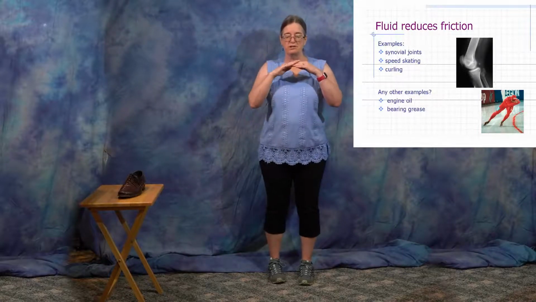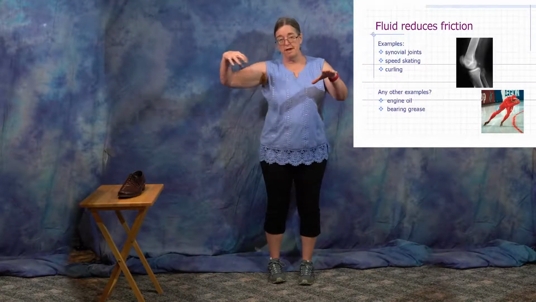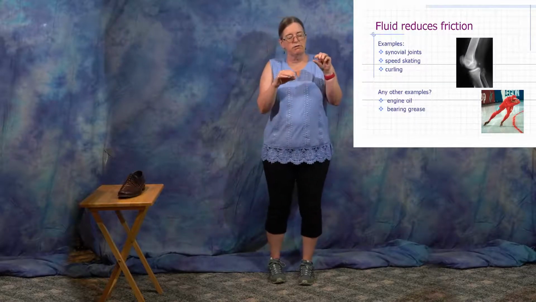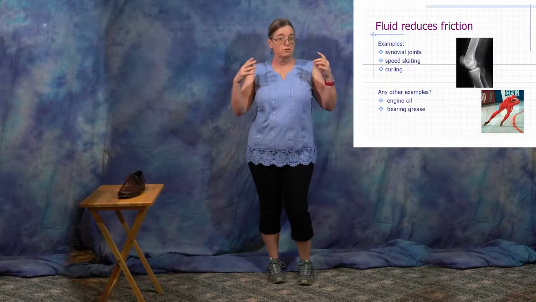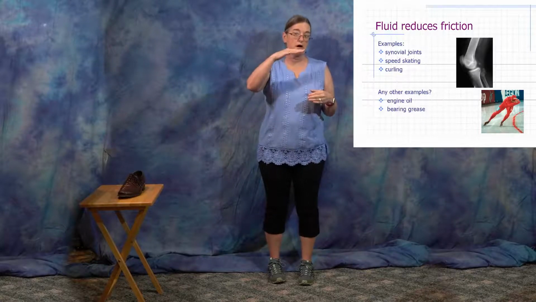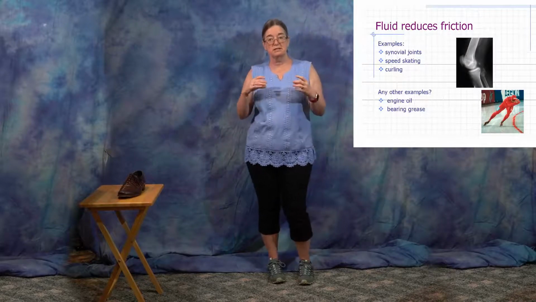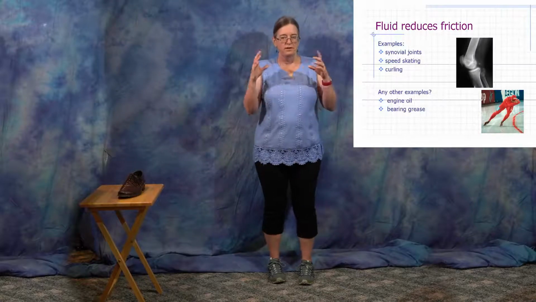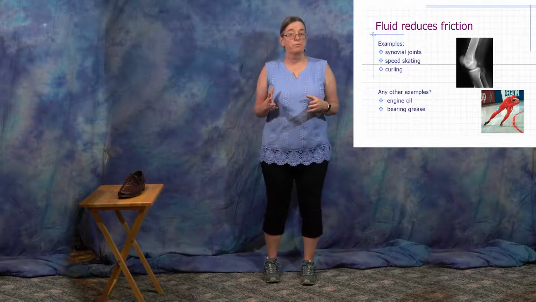And by sweeping in front of that rock as it comes along, you actually can create a thin film of water. So now you have fluid between the rock and the ice itself, which again makes it slide more easily.